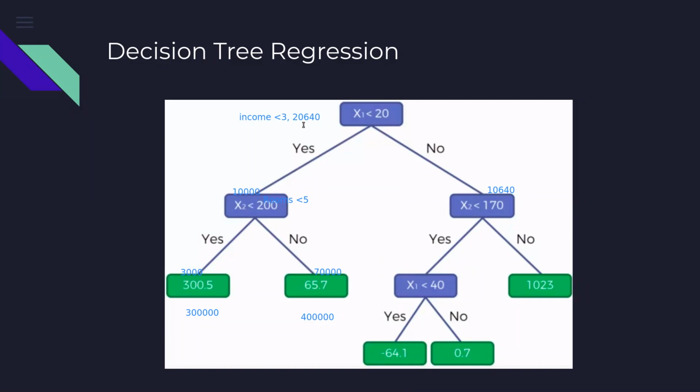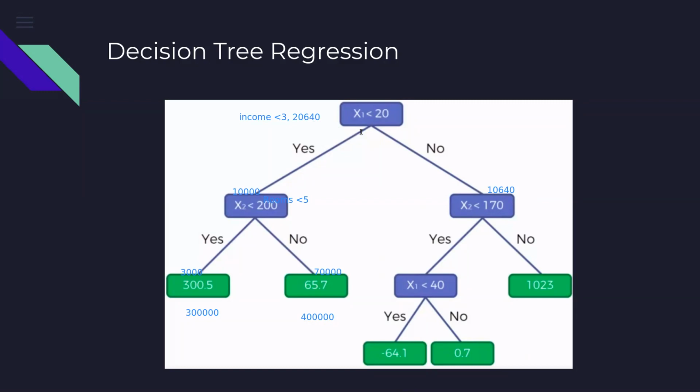So out of the 20,640 records, the system will see that there are 10,000 records which are having income of less than 3, and remaining 10,640 records would be having an income of more than or equal to 3, and therefore the entire 20,640 records I would be able to bifurcate into two child nodes. The first one would be having 10,000 records, the second one would be having 10,640 records. So the parent node gets divided into the child node.